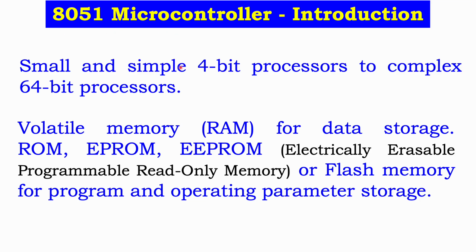Already we discussed in the definition, it has a volatile memory for data storage, and also a program memory, ROM, to store the program instructions. The ROM may be EPROM or EEPROM, electrically erasable programmable read only memory, or simple EPROM, erasable programmable ROM, or it is also called flash memory, for program and operating parameters storage. So this is what we discussed in the 8051 basic introduction.